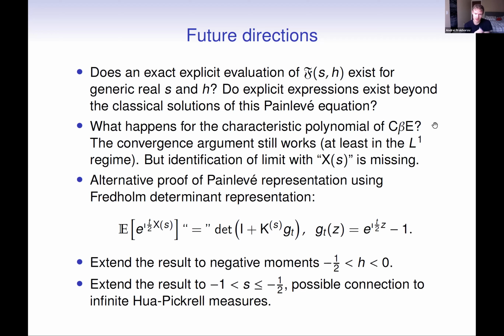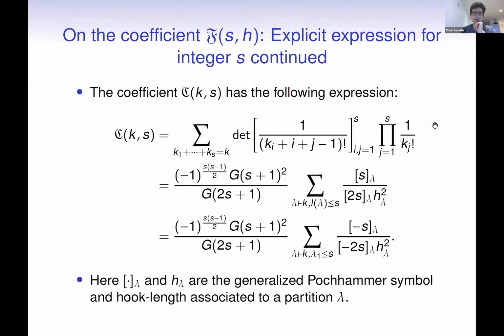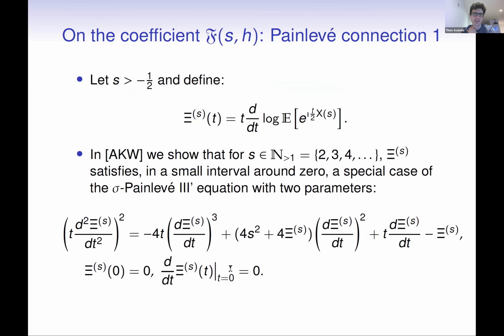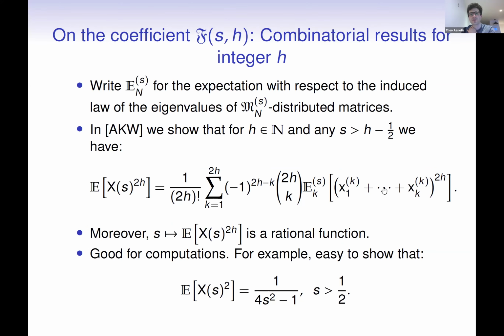You have the integral of the Painlevé function, and then the H-th derivative of that. What's not explicit is this. This is not known explicitly in general. So in this formula, yes, this corollary is not explicit enough. But in this case, the corollary is essentially explicit, because it is the same as this formula.